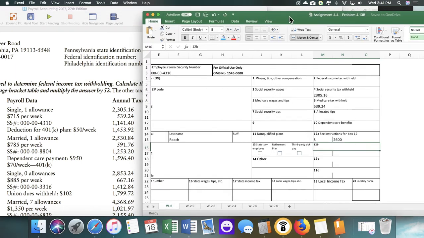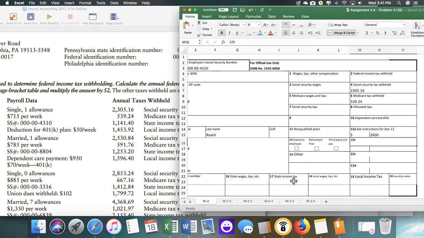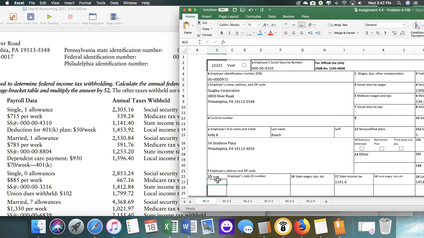Let's see. State income tax is $1,141.40. Local income tax is $1,453.92. Locality name is going to be Philadelphia. State is PA.